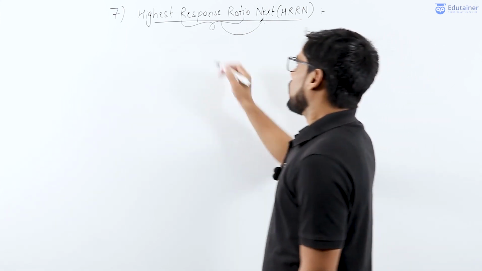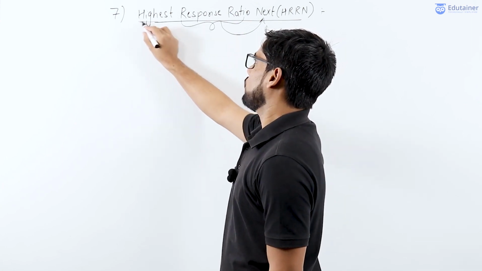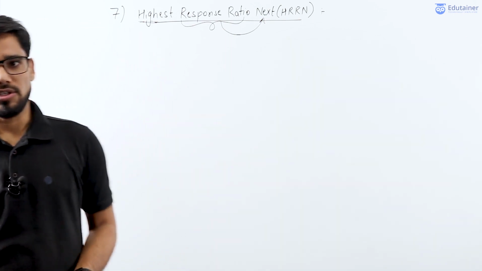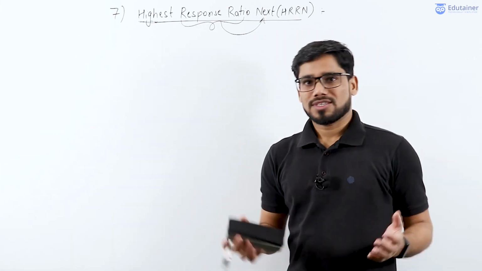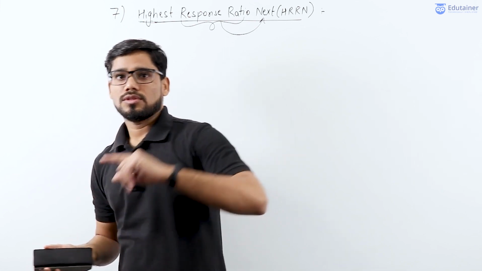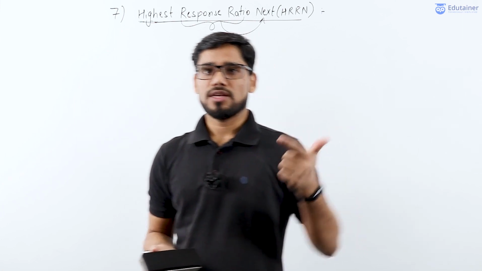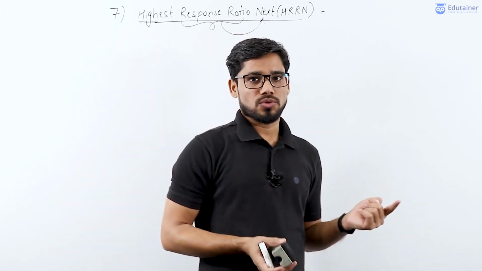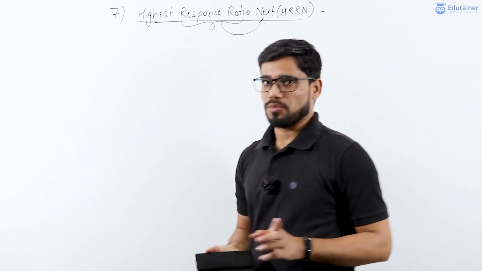Out of these response ratios, the highest response ratio will be considered first, and after that the next highest. What I mean to say is, whenever some processes are available in the ready state, you need to find the response ratio for each available process, and the process with the highest response ratio will be scheduled to the CPU.